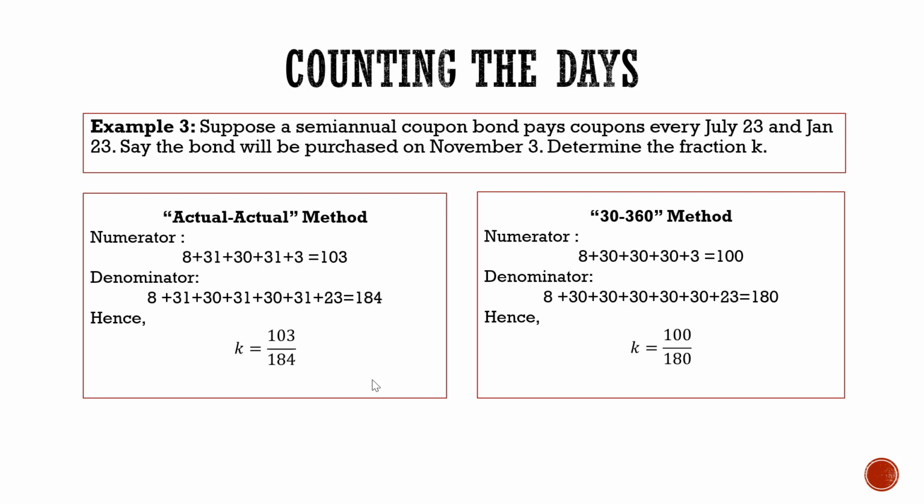In August we have 30 days, September 30 days, October 30 days, and November 3 days. And the denominator is just the number of days between the coupon days. Here the period is half a year, so 180 is the denominator, which is 1/2 of 360. So by the 360 method, K is 100 over 180.